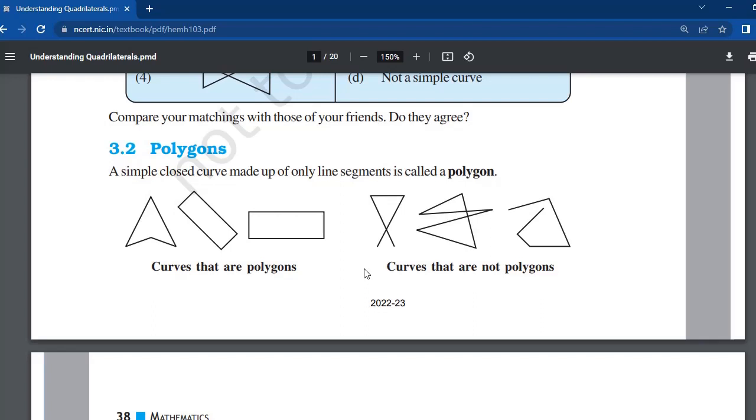So either it will be a triangle, rectangle, polygon, simple curve, closed curve, loop curve, everything is there. Engineers, doctors, or designers, or if you want to do anything, you must know the exact calculation, then only will you be able to design. So to know all these things, you have to learn these basics.